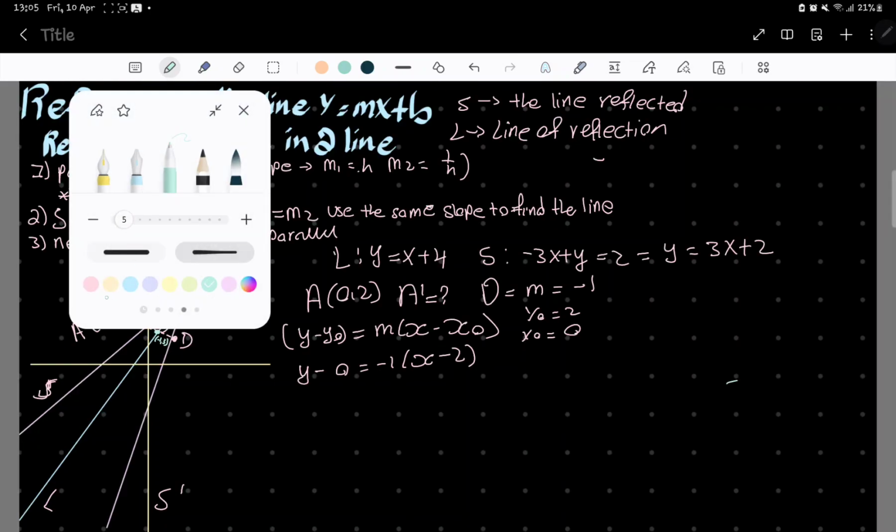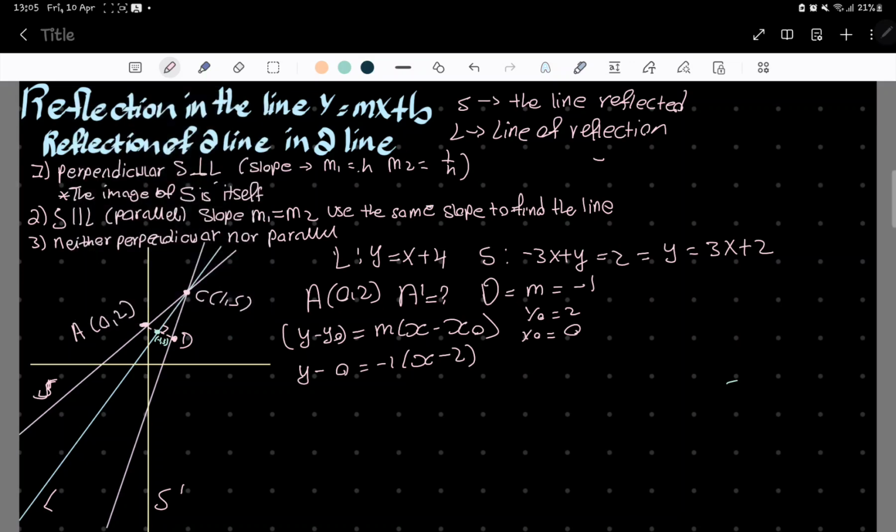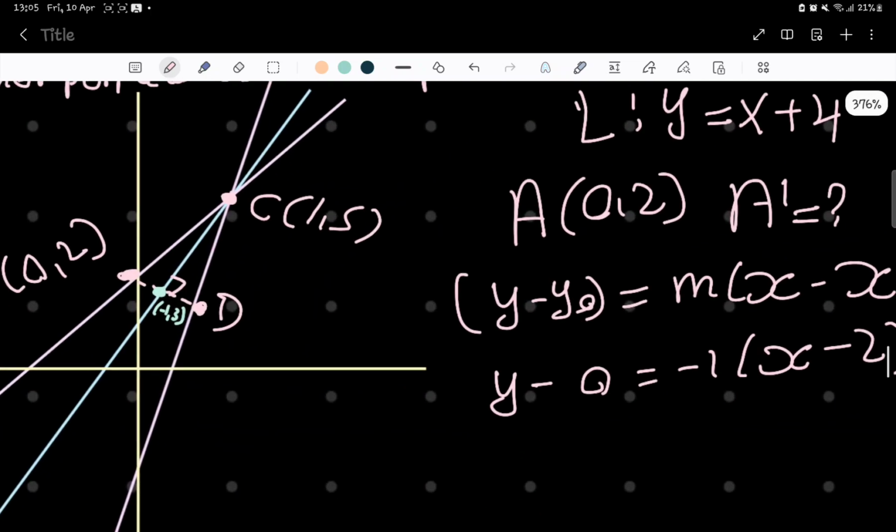Once we find that point, our next step will be to find A prime. As you know, A prime is going to be this point right here. This is line D, but this particular point is x prime, y prime.